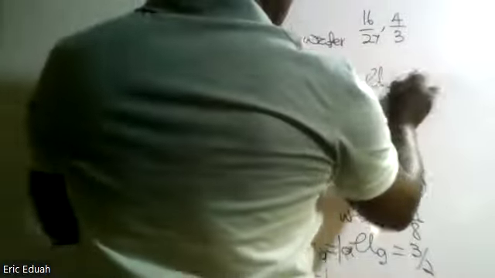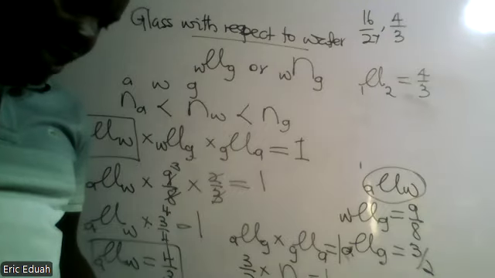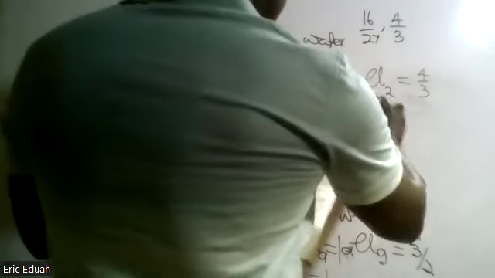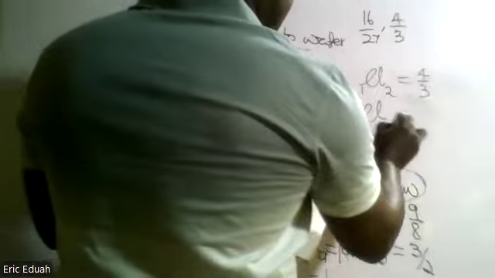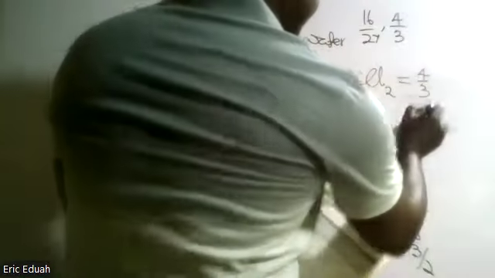Mu 1 to 2 is 4/3. And the refractive index from 2 to 3, mu from 2 to 3, is equal to 3/2.